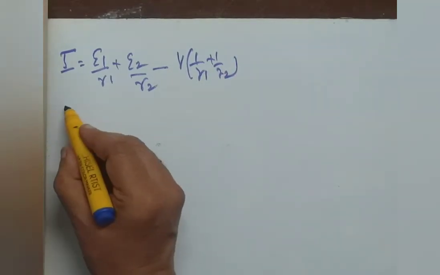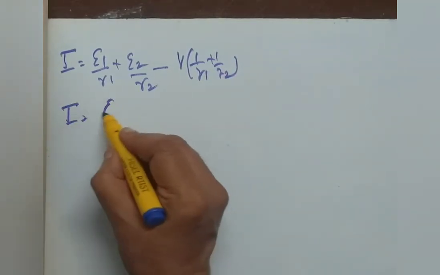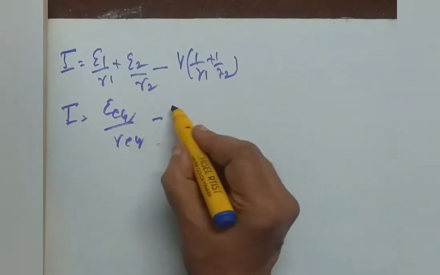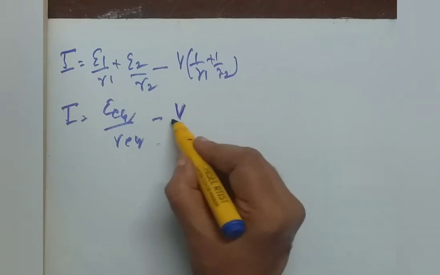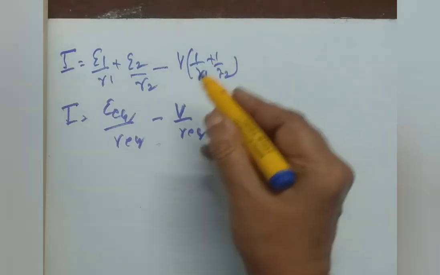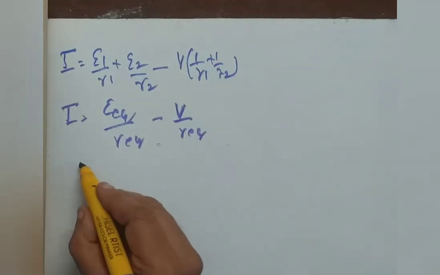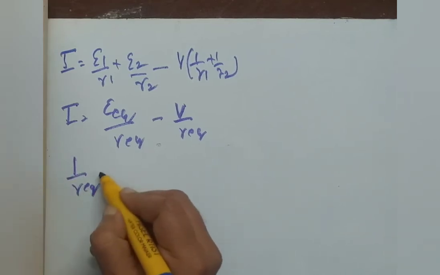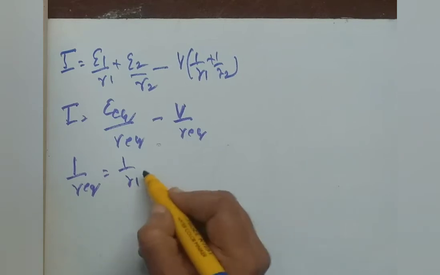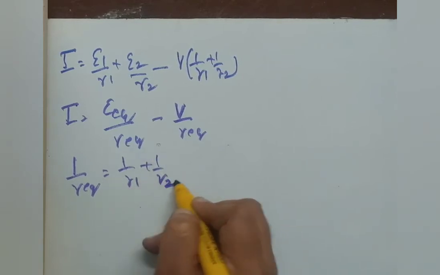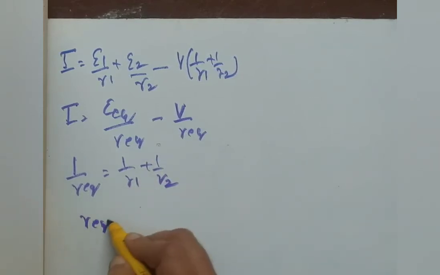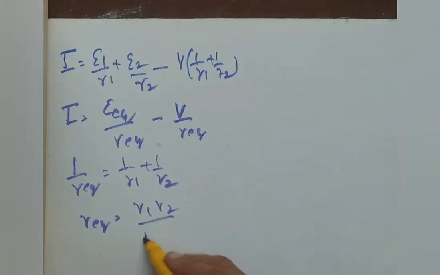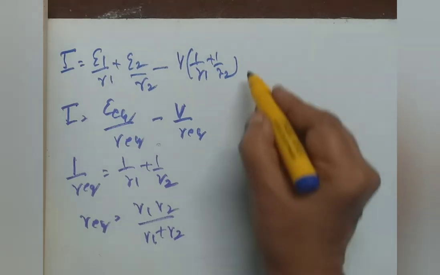For effective EMF circuit, I equals E equivalent by R equivalent minus V by R equivalent. Comparing these things, we can write, say 1 by R equivalent is 1 by R1 plus 1 by R2. Therefore, R equivalent is nothing but R1 R2 by R1 plus R2.